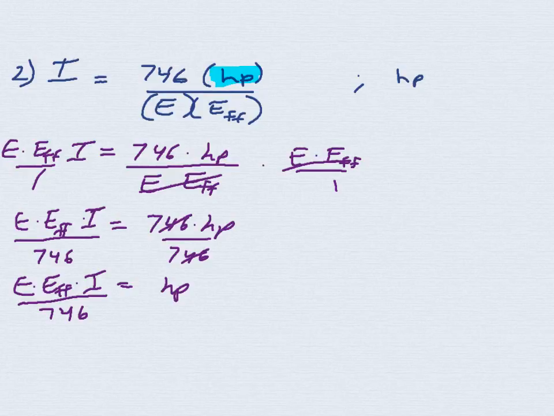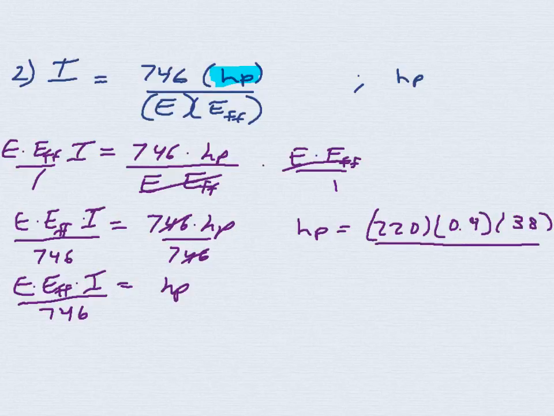You would take your horsepower and you would do the voltage, which was 220, your efficiency, which is 90%, which you write as 0.9. Your current was given as 38 amps, and you would fill that all in, divided by your 746.